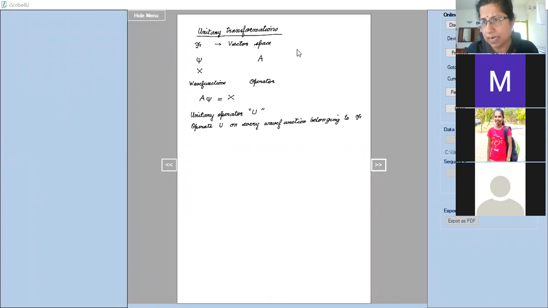What do I mean by that? How do I know I have not changed the physics? I will only know by making measurements on the new system.